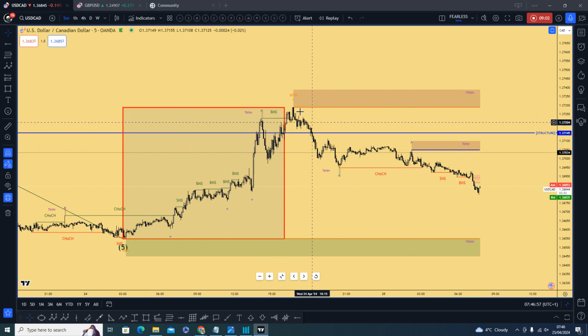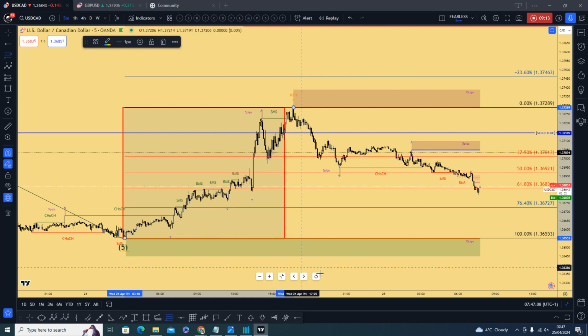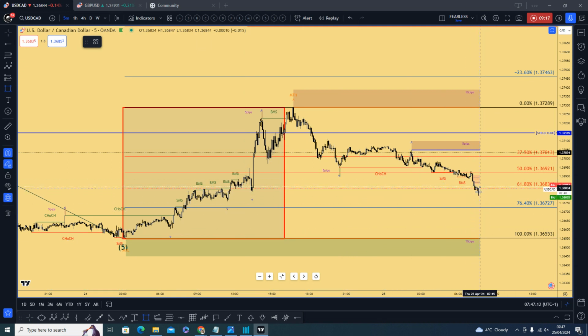But we have another trend changing pattern down. Okay, but with this one, you can draw the Fibonacci from the low to the high. I'm looking to capture the buy zone. You can see it slightly came below the buy zone, which is not too concerning.